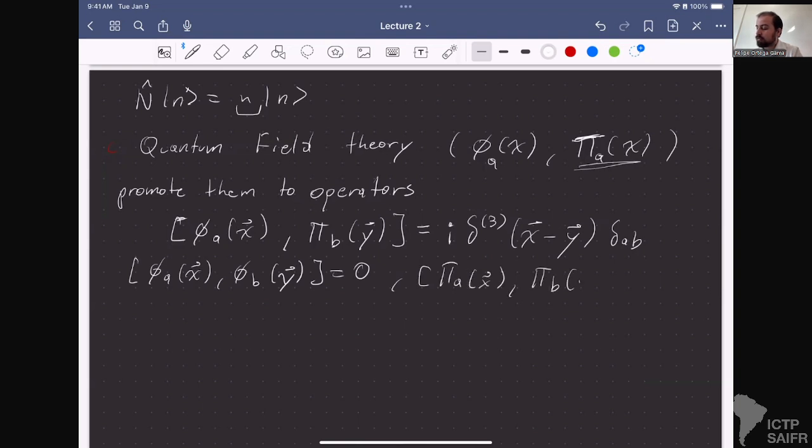And these are known as the equal time commutation relations. Something to notice about the Hamiltonian formulation is that we're picking a preferred time direction.